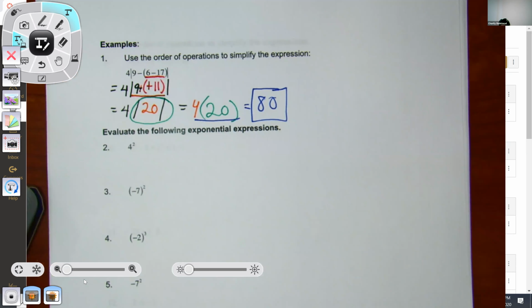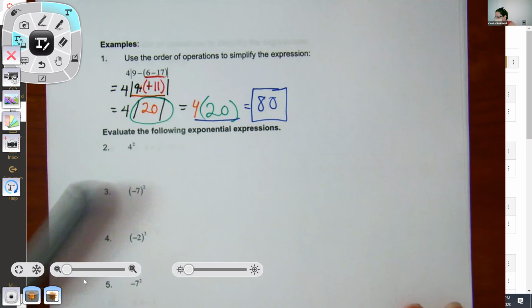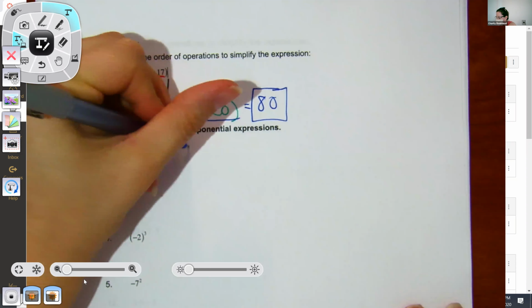Any questions about that? All right, evaluate the following exponential expressions. 4 to the power of 2, or in other words, 4 squared. That means 4 times 4, and we know 4 times 4 equals 16.